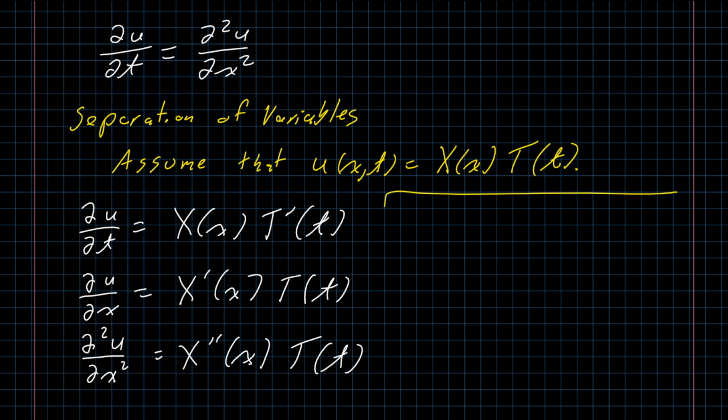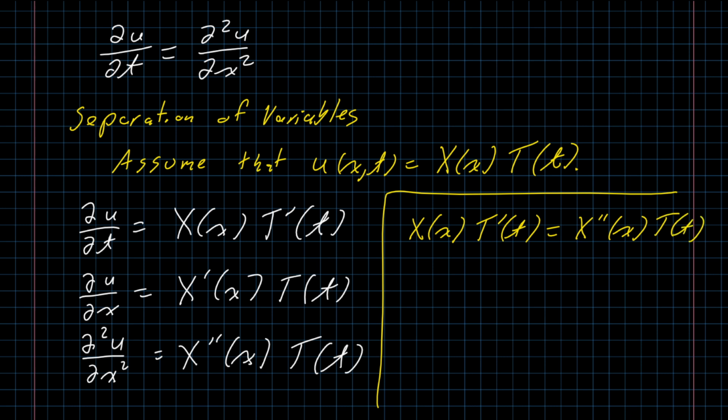And when we substitute those things into our differential equation, we get X of x T prime of t equals X double prime of x T of t. All right, that doesn't look like much, but now we can do a little bit of manipulation.